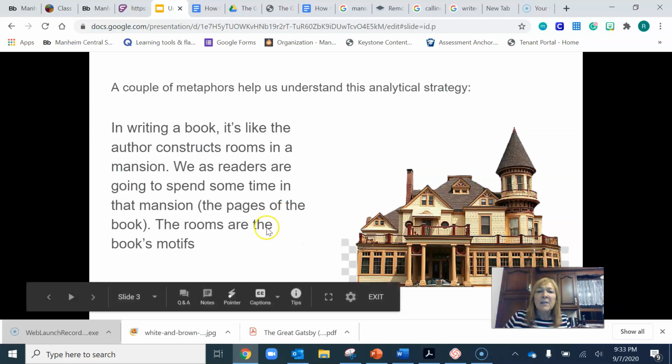And that is very similar to what we're going to do in a literary novel. Now, this will not be true for every novel. Some novels are just plot, and there it is. But for literary novels, this is going to be a good strategy for us to use.